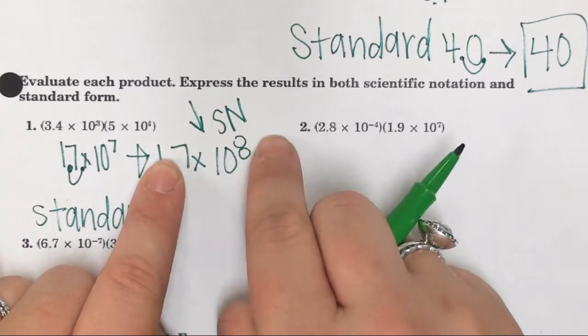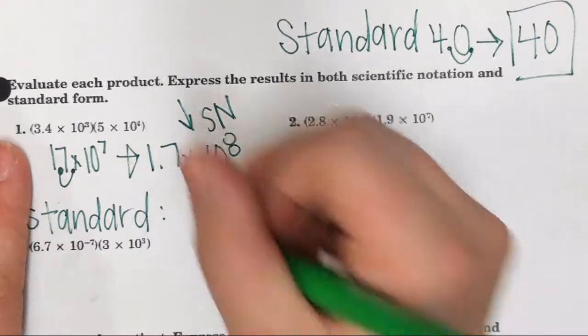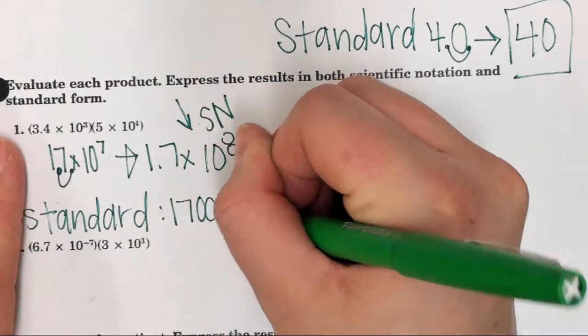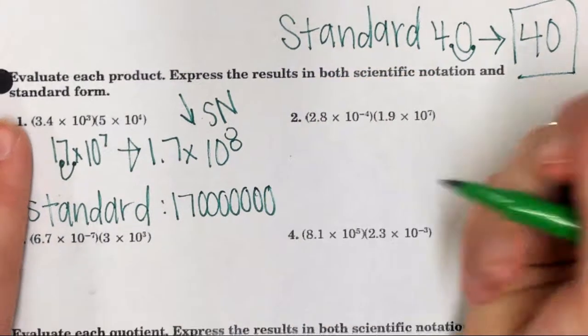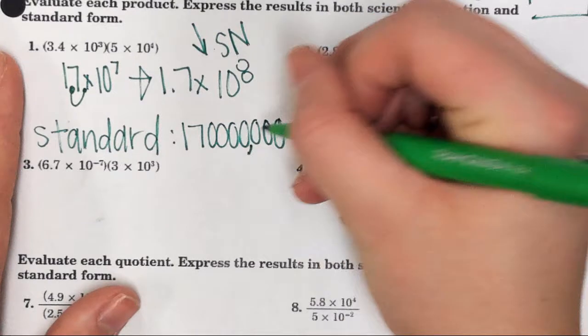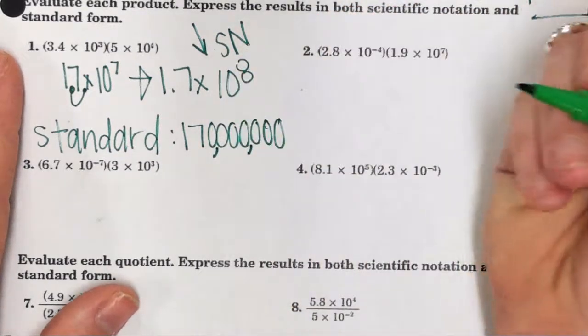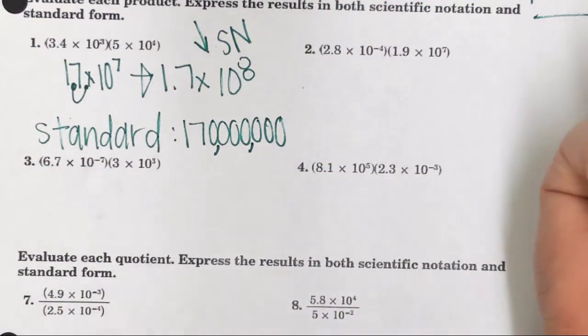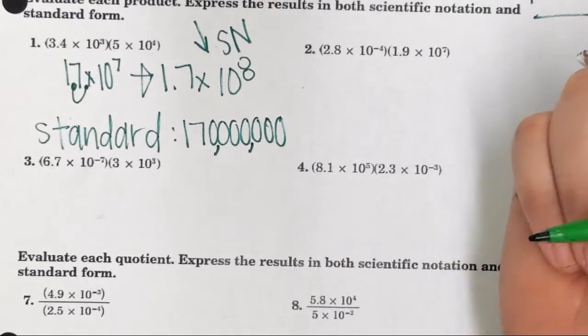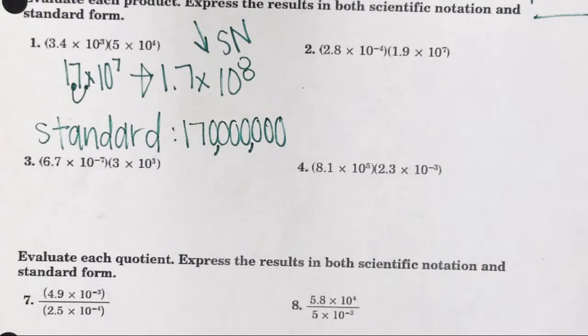So to get to 8, I just need to add 7 zeros. 1, 2, 3, 4, 5, 6, 7. Count back every third. 1, 2, 3, comma, 1, 2, 3, 170 million. Now, how about that for a bank account? Okay, can y'all try to finish 2 through 8?